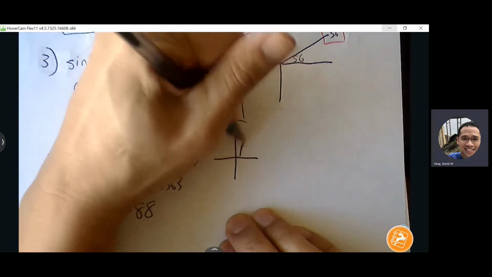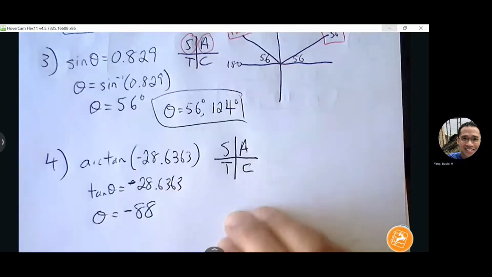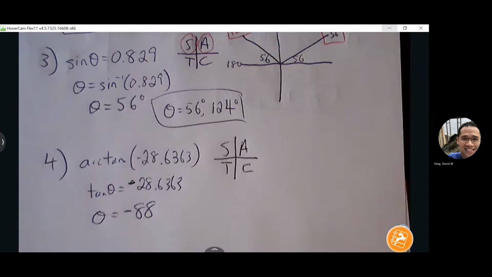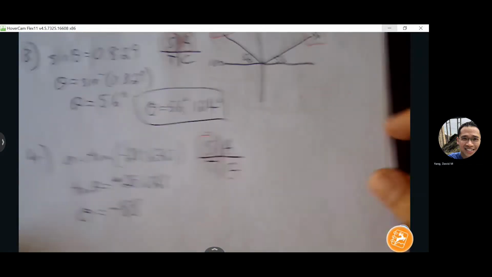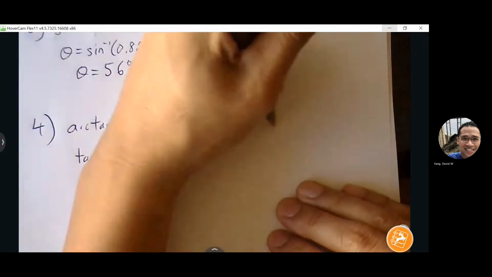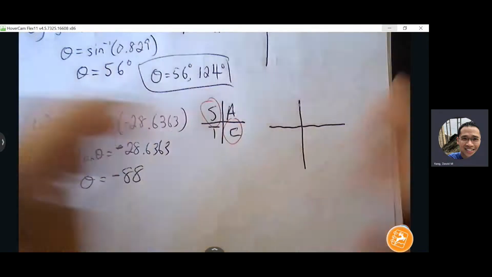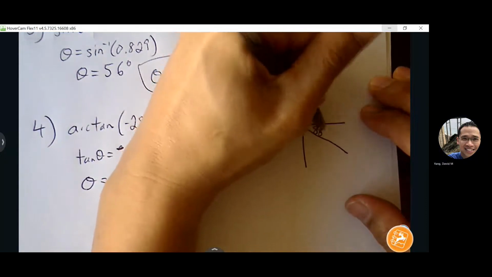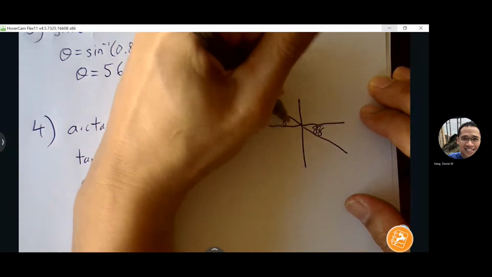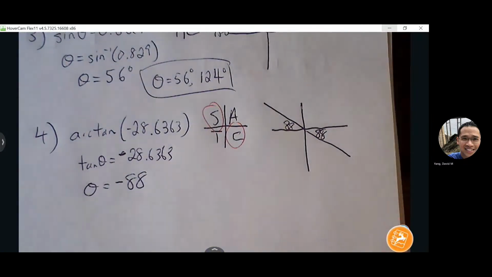All right, which quadrant do we want this to be in? Tangent is negative in the second. I would just treat that negative 88 and just make it positive and turn it into a reference angle, and then involve 180 and 360 to get to the correct quadrants that I want to be in.